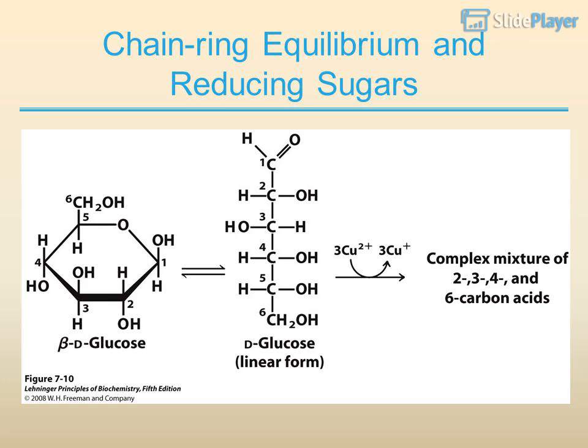In the hemiacetal ring form, C1 of glucose cannot be oxidized by complex Cu2+. However, the open chain form is in equilibrium with the ring form, and eventually the oxidation reaction goes to completion. The reaction with Cu2+ is complex, yielding a mixture of products and reducing 3 moles of Cu2+ per mole of glucose.